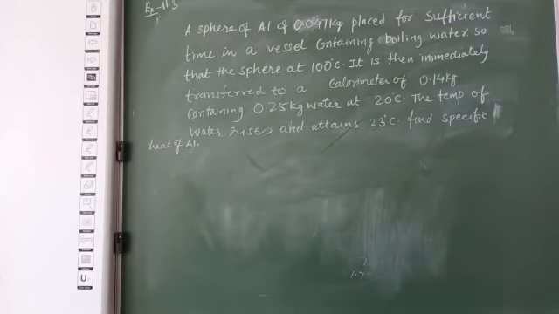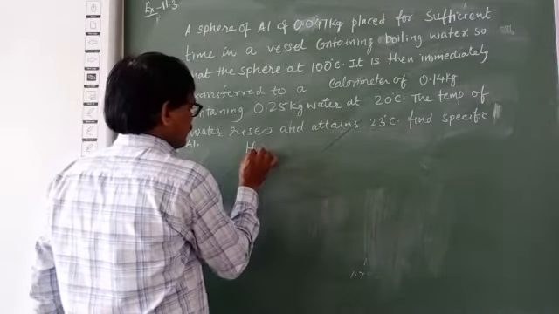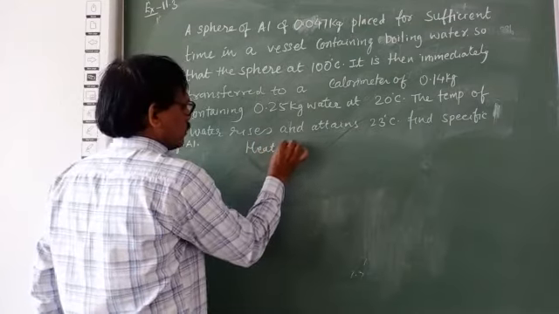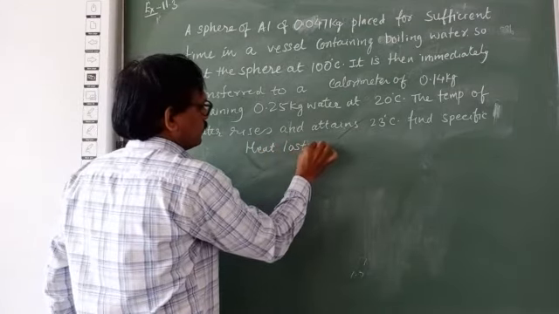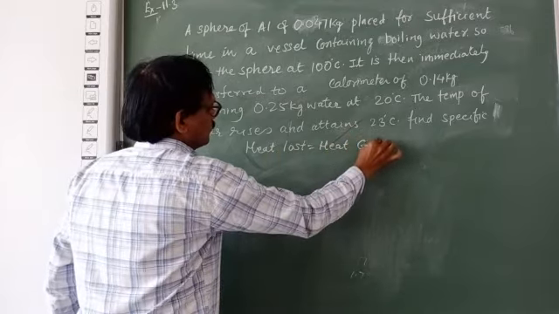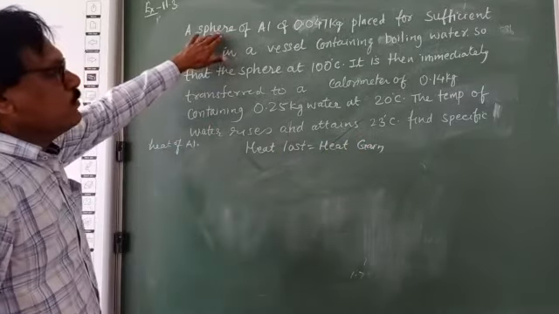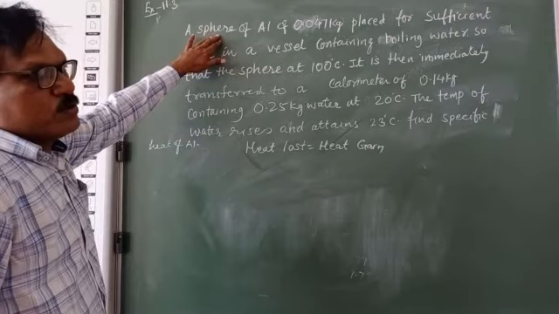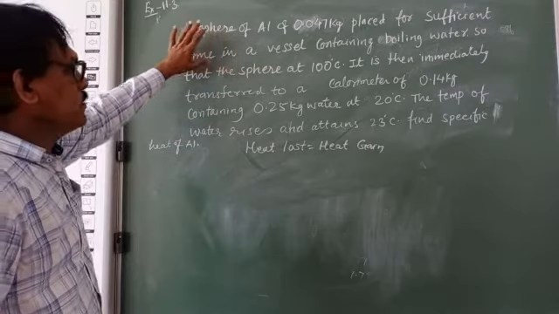So, heat loss equals heat gain. This is the principle we can use. Who will lose heat? Here the aluminum sphere will lose heat, because it is initially at 100 degrees Celsius.